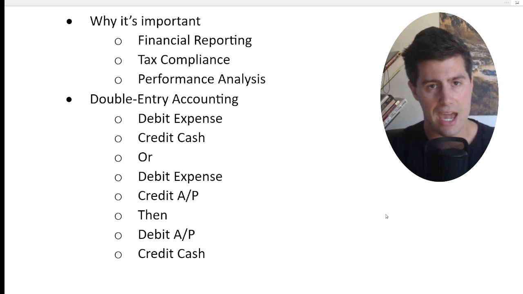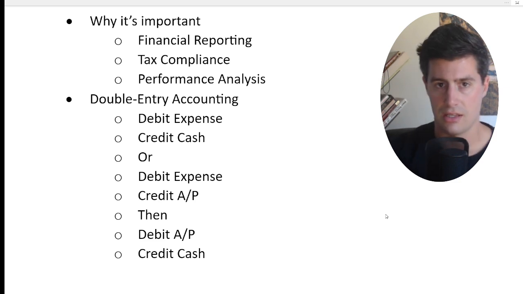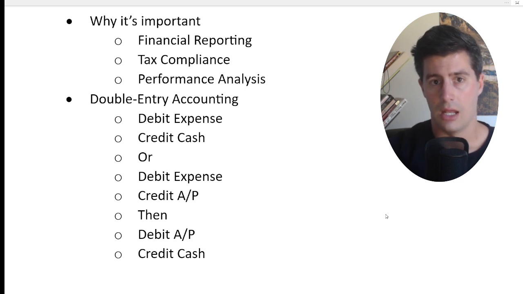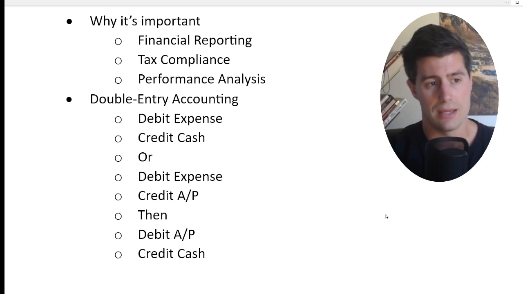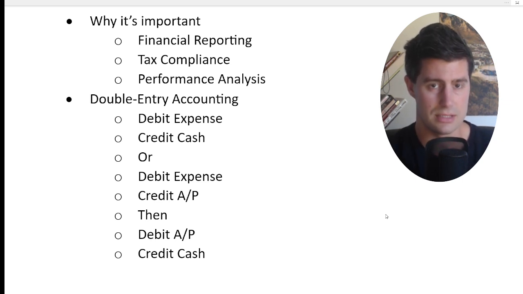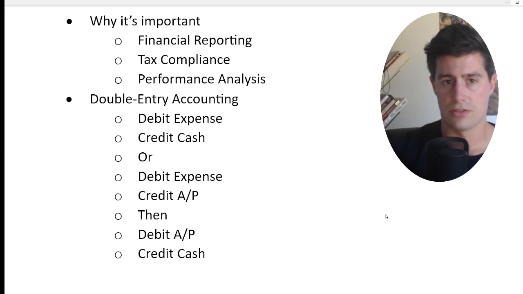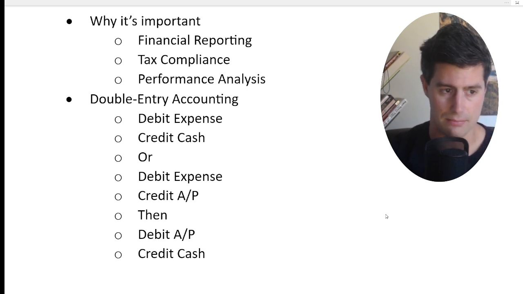By crediting cash, we're decreasing the bank account, which decreases the asset. So remember, assets equals liabilities plus equity. So we're debiting the expense, decreasing equity, and then also decreasing the asset.